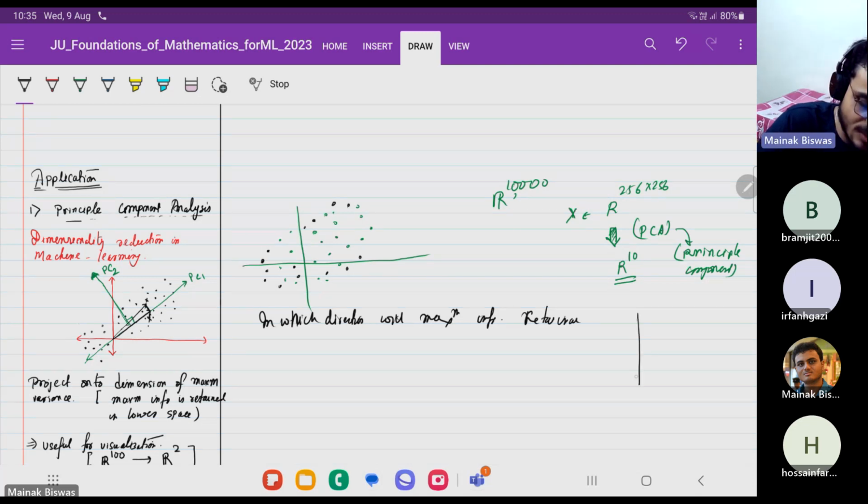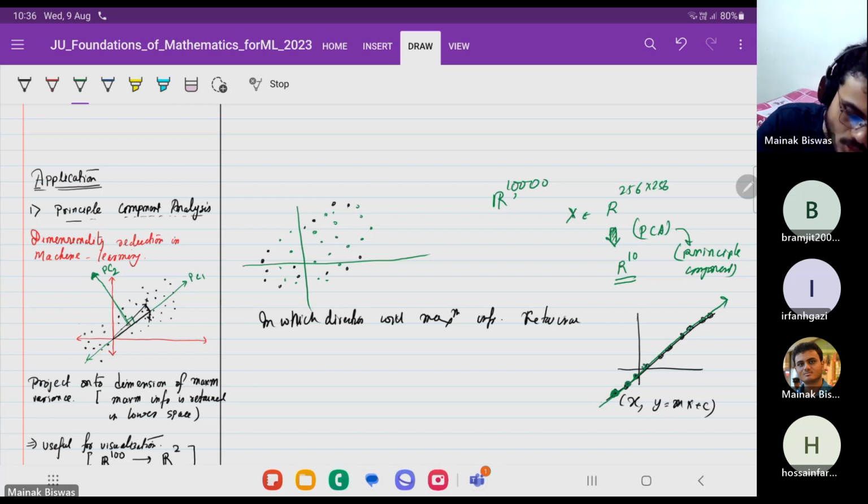I'll give you a very extreme case scenario. Say we have a line and all these points are on this line. So what are the data points? Your data points are (x, y). But if I convert this line to be the new x-axis, do you agree I will get only one dimension, say d1, d2, and so on, dn?